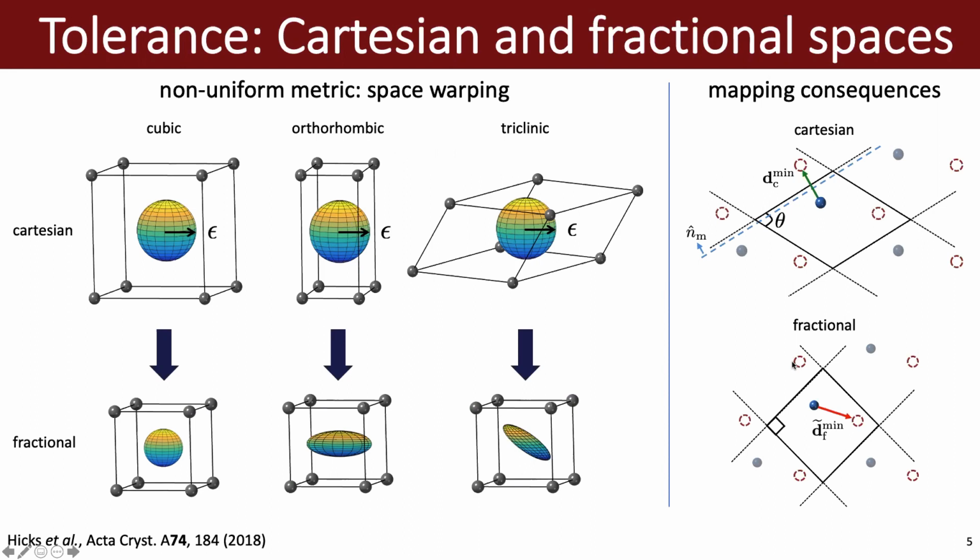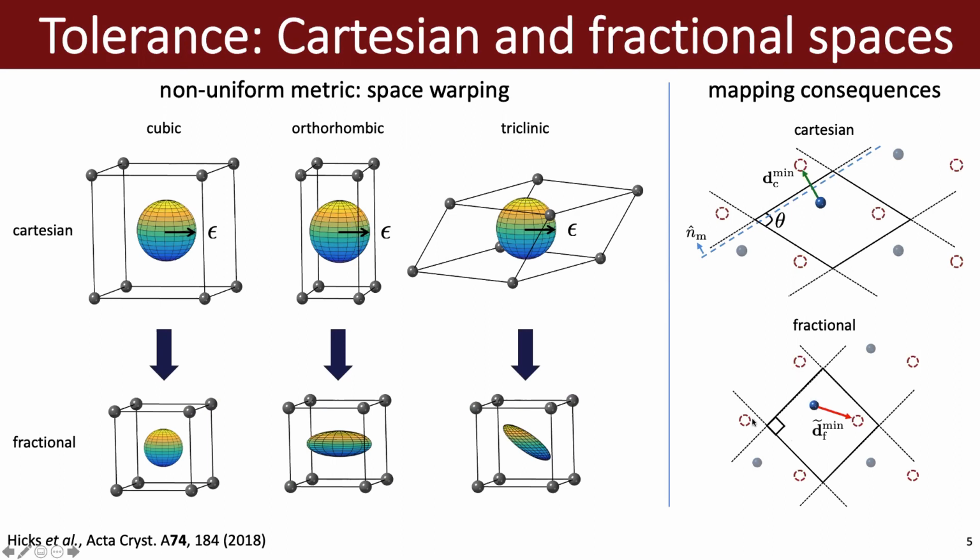But typically there are actually other codes throughout the community that perform this minimum distance calculation in fractional coordinates. So again, we need to perform a minimum distance calculation, but if we're doing this in fractional coordinates, remember our space is warped, and we've converted any object into this cubic object.